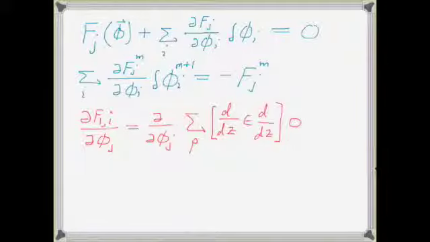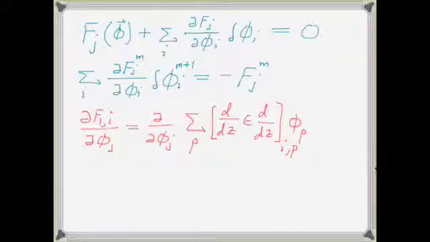The only thing getting hit by that derivative is the phi sub p. So the indices for the matrix are I comma p, times phi p, sum over all p. So it's just normal matrix vector multiplication.